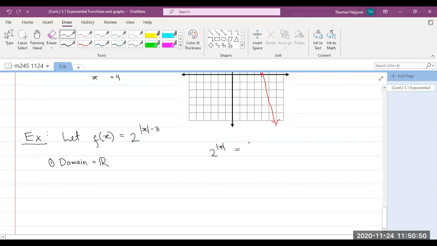Now, 2 to the absolute of x is 2 to the x when x is positive or 0, and 2 to the negative x when x is negative. It comes from the idea that the absolute of x equals x itself if it is positive or 0, but if x is negative, you need to take the opposite to make it positive.